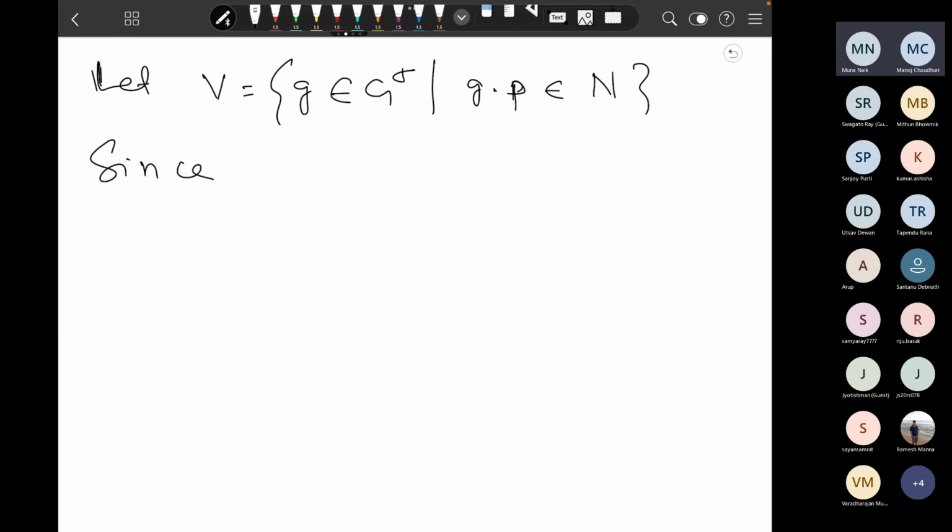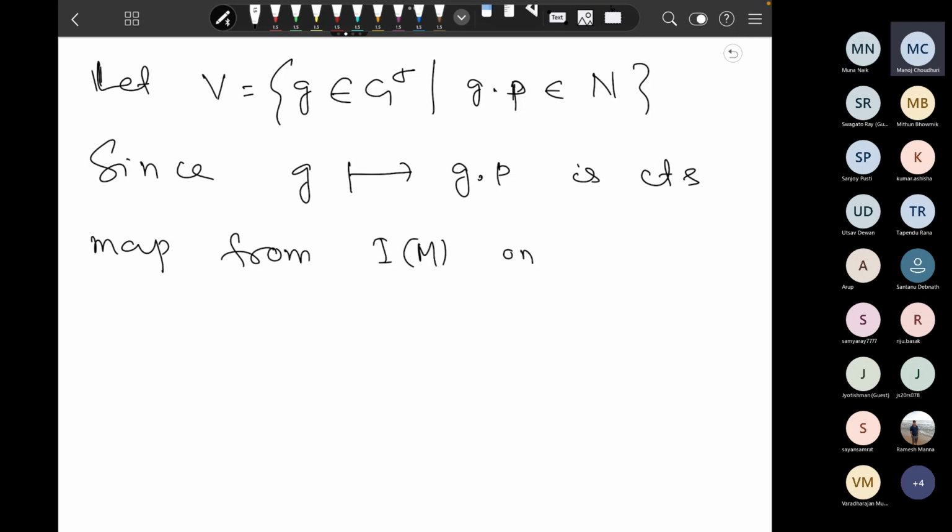Since this map g going to g dot p is continuous, it is now a continuous map from G^sigma to M.